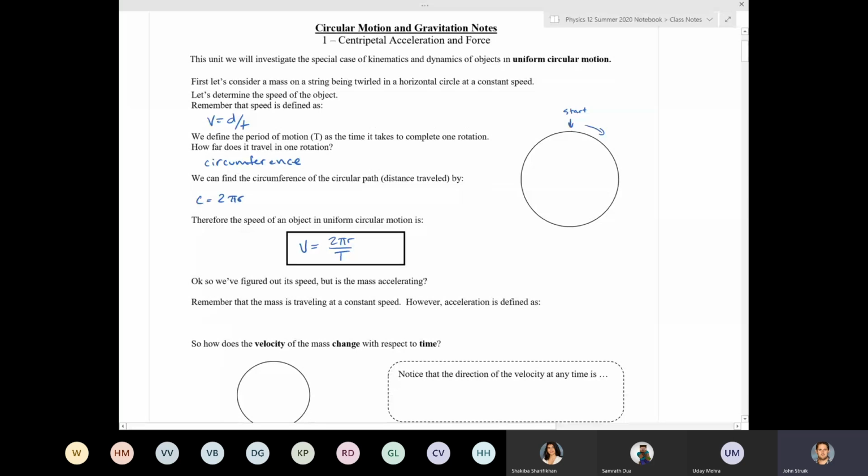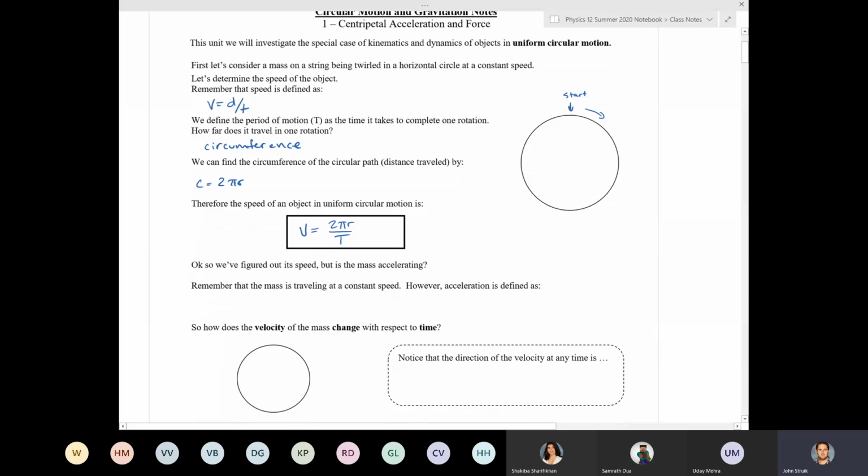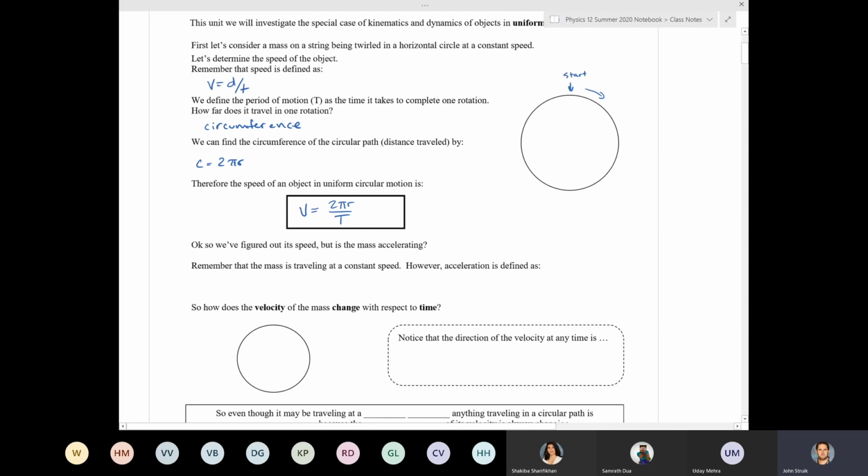Okay, so we figured out its speed, but is the mass accelerating? Okay, now remember that acceleration is defined as delta v over t. So we're finding average speed and we're assuming it's a constant speed. So if speed doesn't change, then you would think that it's not accelerating.